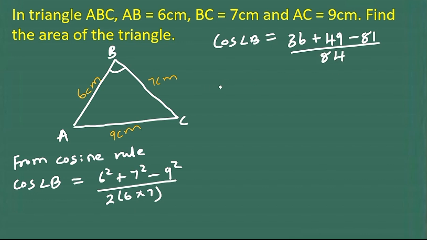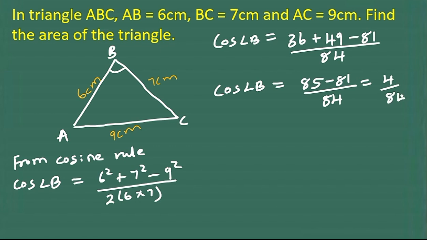So we can continue to say that cos angle B is equal to 36 plus 49 is 85, minus 81, all over 84, and this will be 4 over 84. From here, 4 goes into 4 once, and here will be 21. So this is going to be equal to 1 over 21.